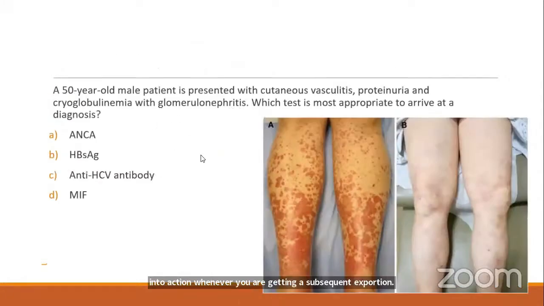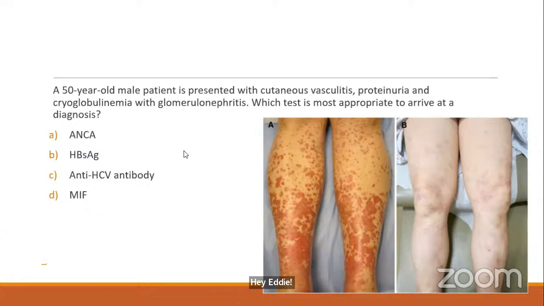So a 50-year-old male patient is presenting with cutaneous vasculitis, proteinuria, and cryoglobulinemia with glomerulonephritis. What is the most appropriate test to come to the diagnosis? Any idea? It is C, that is anti-HCV antibody.